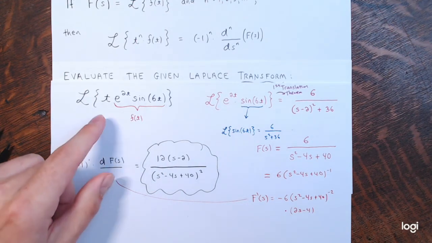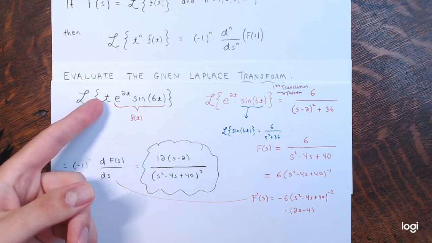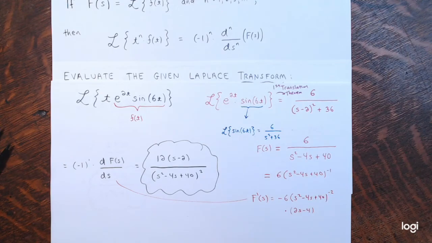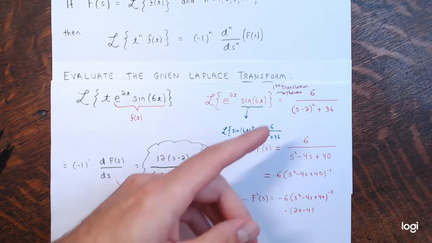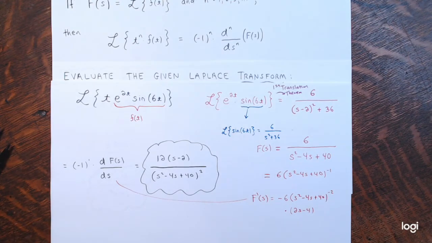But you'll notice that when you do that, it'll involve integration by parts several times over. It would take quite a while for most people to find the Laplace transform using the definition. This is obviously much quicker when we know certain rules, the first translation theorem and this derivatives of transforms rule or theorem.